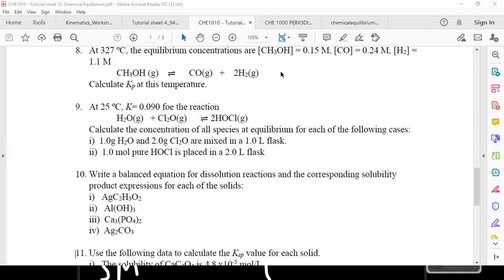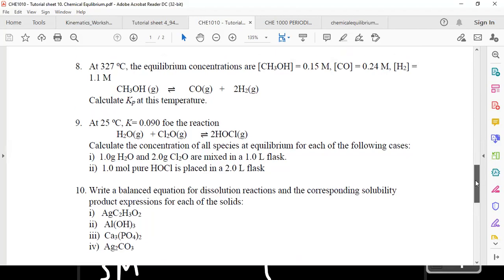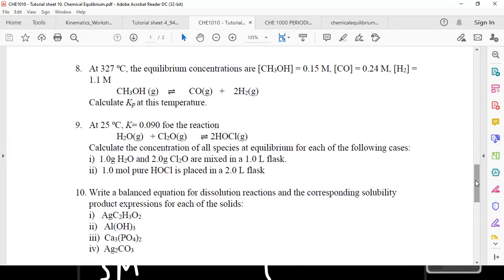All right. So question 8 is a bit different from the ice table because there's an addition of calculating what? The Kp. So let me just give you a guideline on how to go about this question, or of course even just solve it. So this question has given us the equilibrium concentrations already.